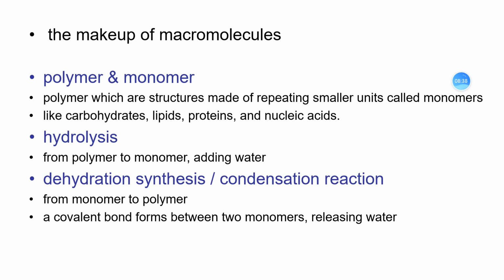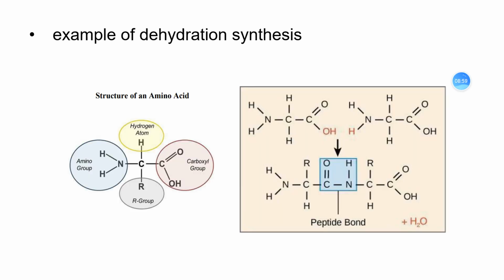And dehydration synthesis, or condensation reaction, refers to the reaction from monomer to polymer, like when amino acids are converted to proteins. This means a covalent bond forms between two monomers, releasing water. So this is an example of the dehydration synthesis, which I mentioned in the last one.